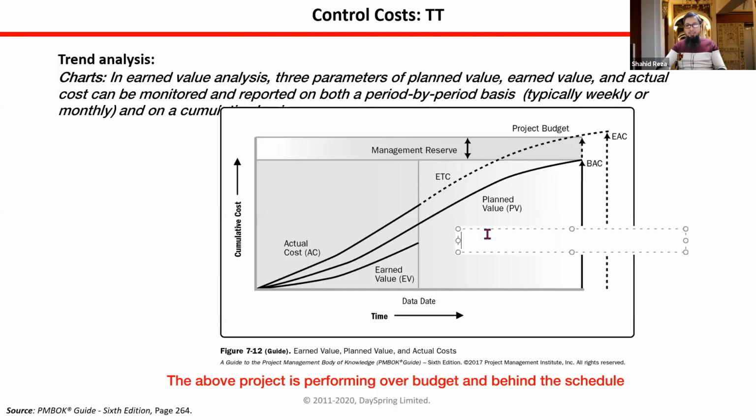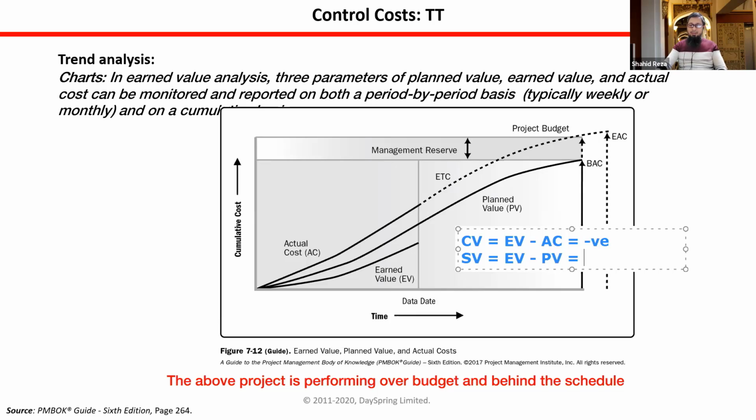So what is cost variance? Earned value minus actual cost. In our case, earned value is lesser than actual cost. Actual cost is high, so you will get a negative value, right? And schedule variance is earned value minus plan value.